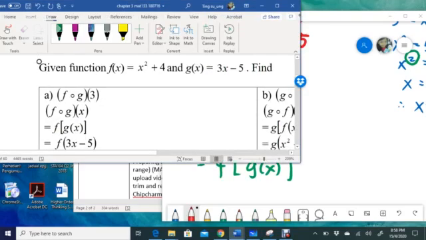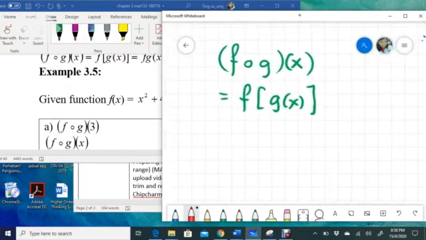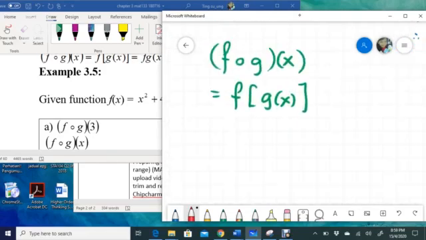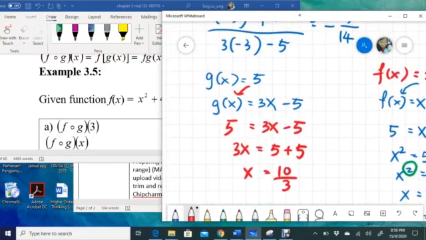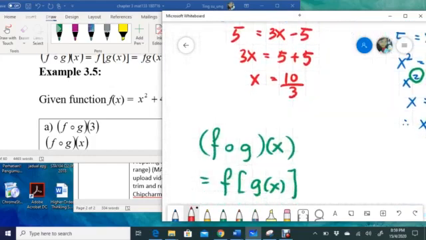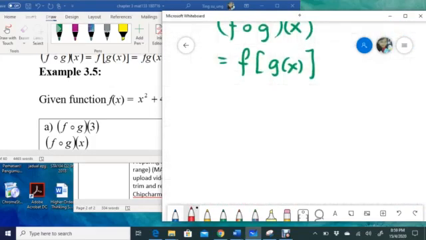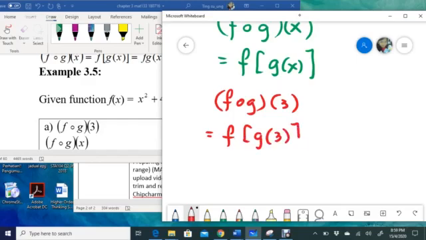Okay, let us have part A to be done. So you have f of g(3), right? So f of the whole thing, g(3). Your g is what? Just put your function in, 3x minus 5, right?